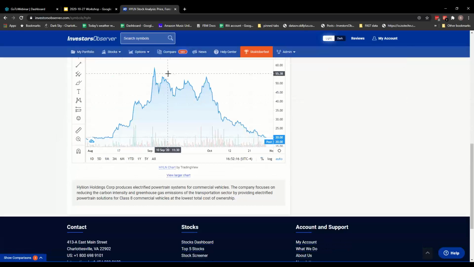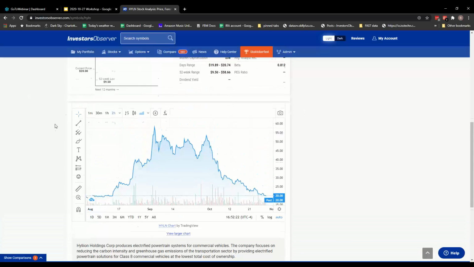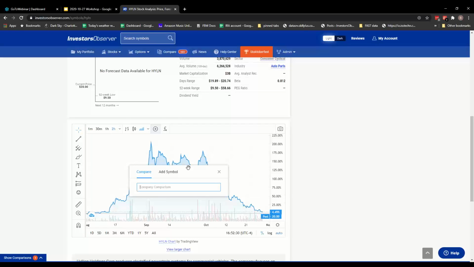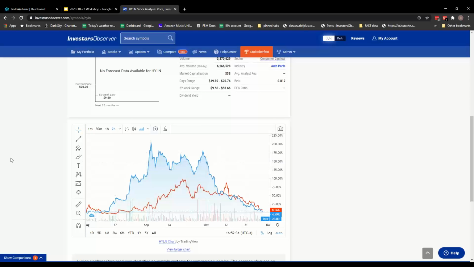Yeah, I feel like it's going to be pretty much the same reason. These charts are not that dissimilar. Can I compare two stocks on this chart? Yeah, here we go. In terms of things lining up, Highline and Workhorse kind of went up and then went down together.